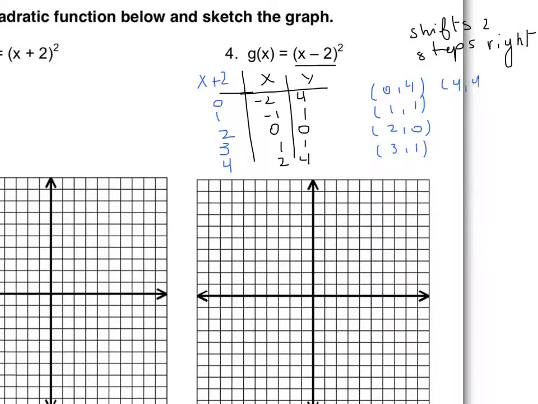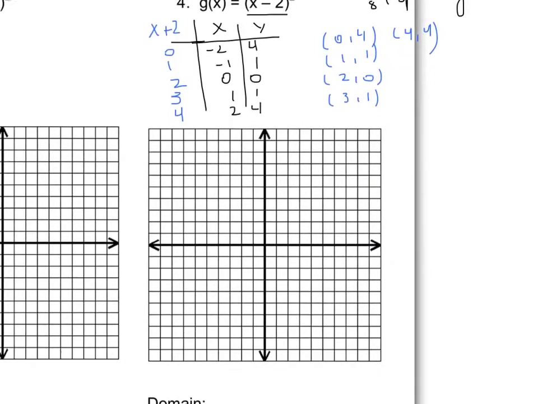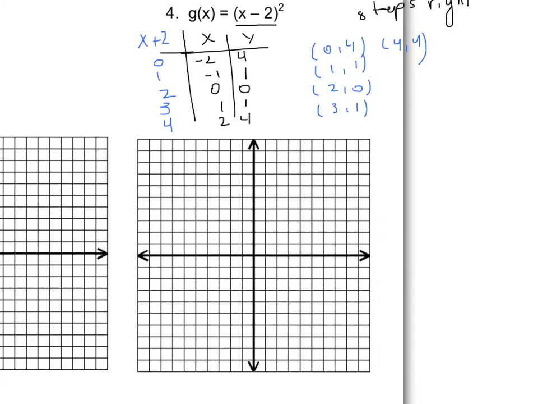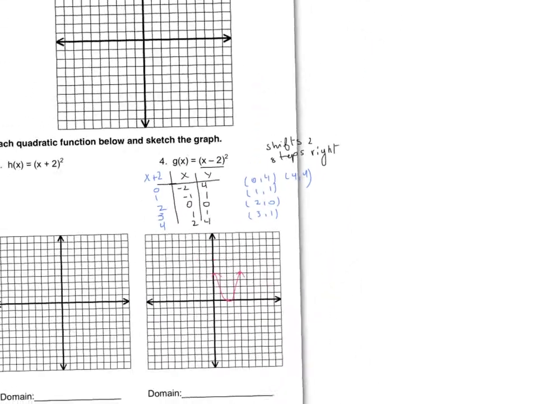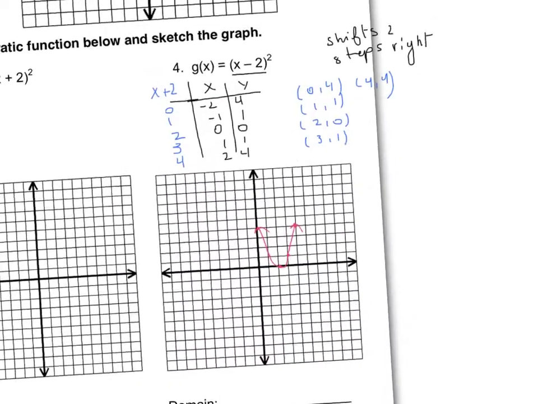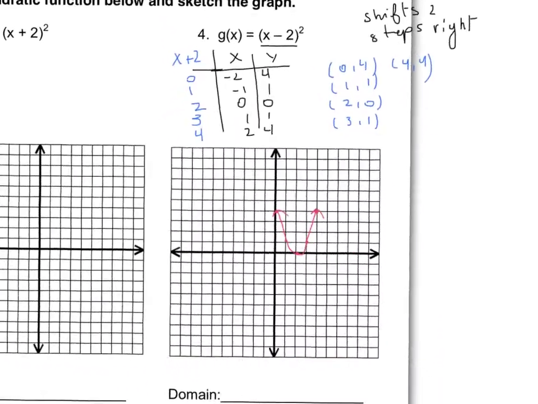Let's plot those points, and my graph, if it's right, it should move to the right. So 0, 1, 2, 3, 4. So this is the point. 1, 1, 2, 0, 3, 1, 4, 4. This is my new parabola, as you can see, by comparing it to the parent function, which is going to be somewhere over here.